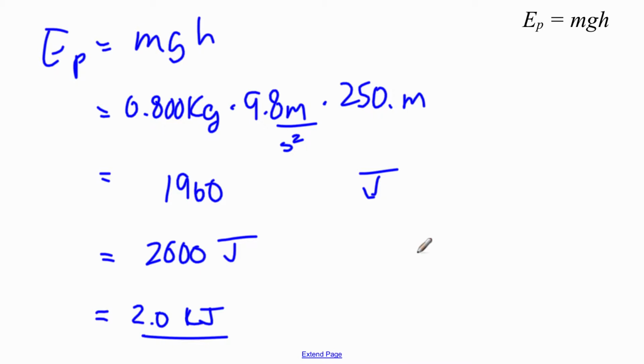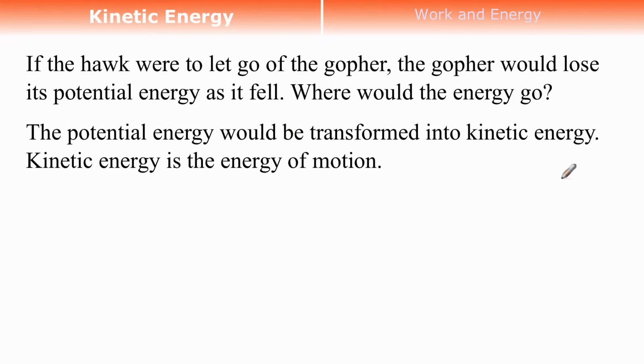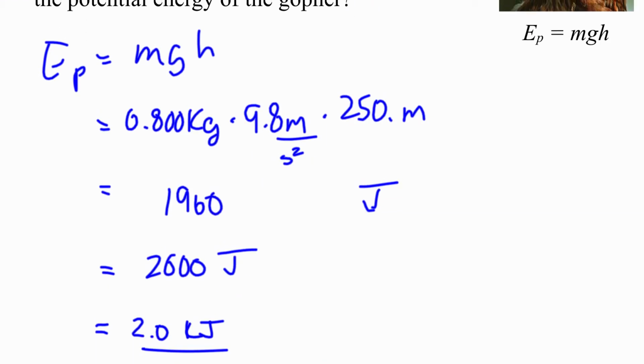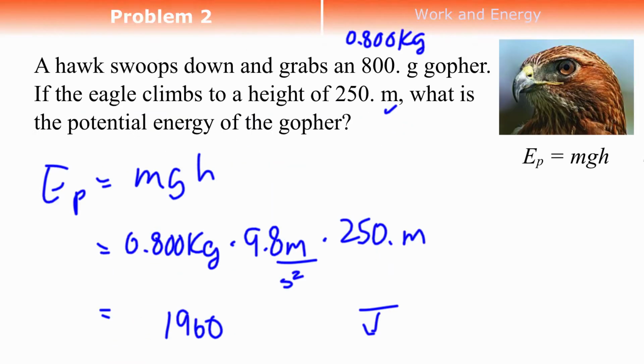Now, of course, we want the hawk to drop the gopher. That's part of the excitement. So if the hawk were to let go of the gopher, it would lose potential energy as it fell, right? So up here it's got, how much did we say? 2,000 or 2 kilojoules of energy.